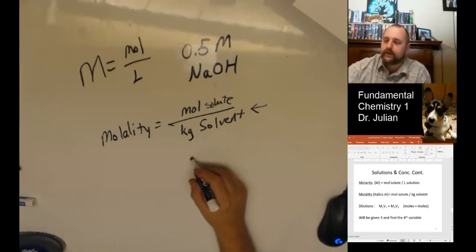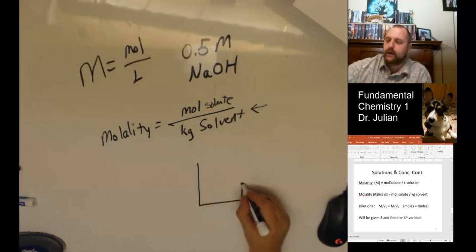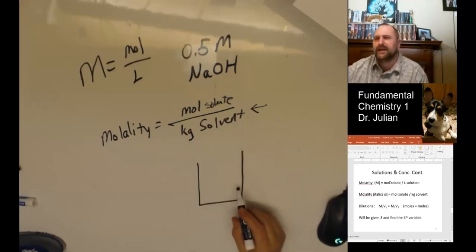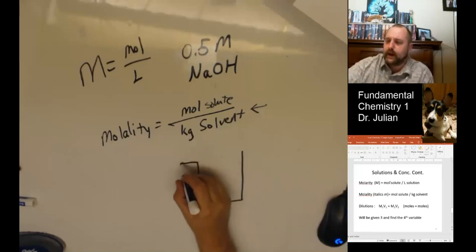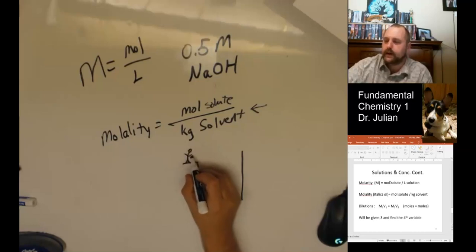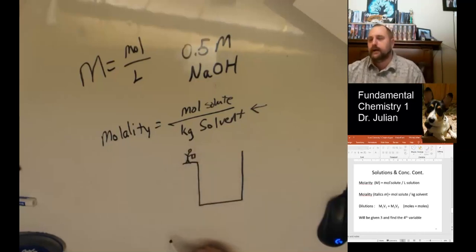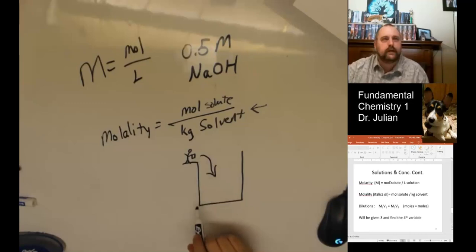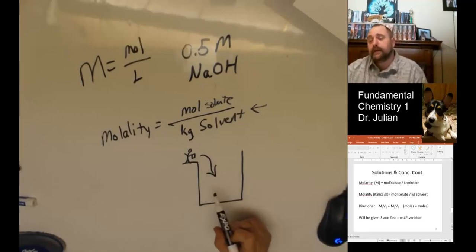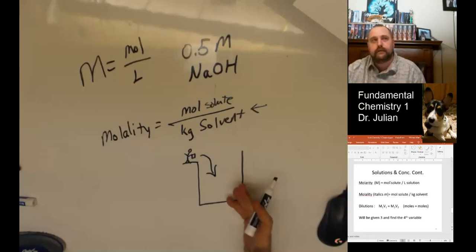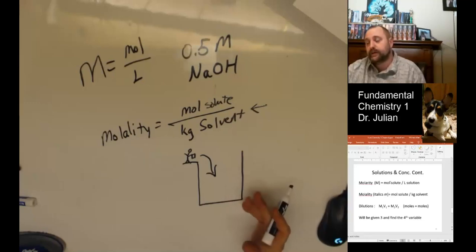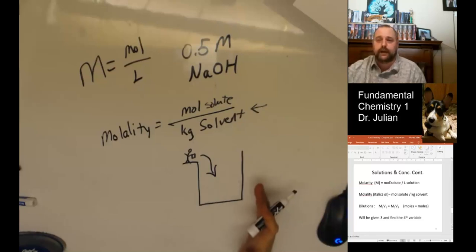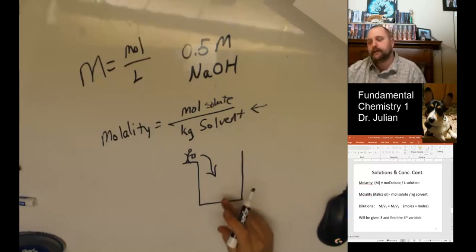Well, if I'm doing this on a large scale, where I have a really big container, like maybe the size of the room you're in, and let's draw my guy up here, and he's got a bucket, and he's going to throw that bucket in and dump in the solute, and then he needs to dump in the solvent. Now if he's got a big 55-gallon drum, he can measure the mass of the drum with the solvent in it, dump some out, put it back down, measure it, see how much he took out, and so he can real quickly measure how much he added down here.